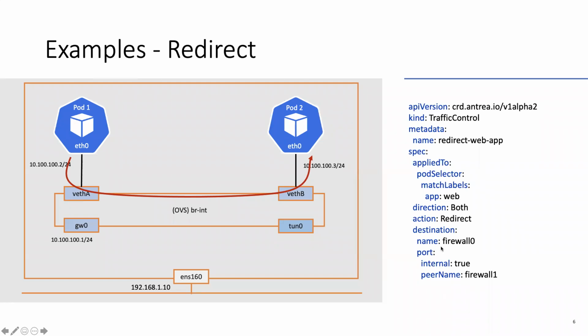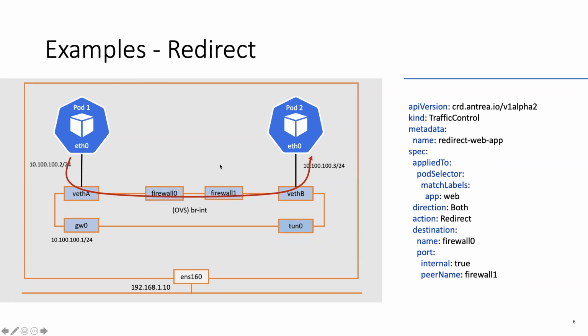One port, the receiving port, is named firewall0, and internal set to true means we need to create this port as an OVS internal port. And we will also create another OVS internal port, named firewall1.